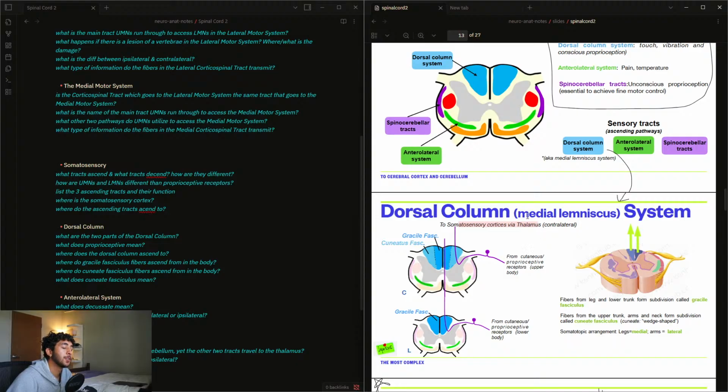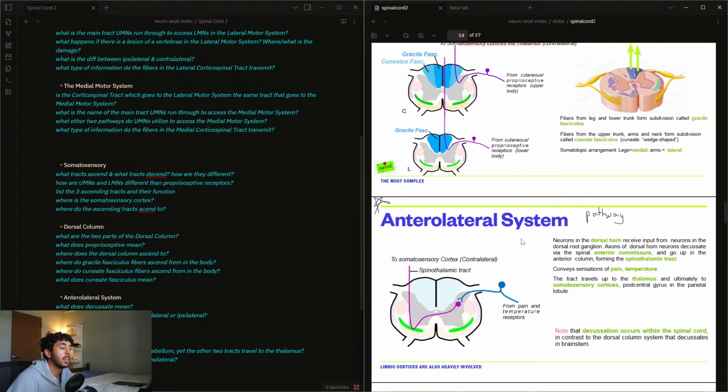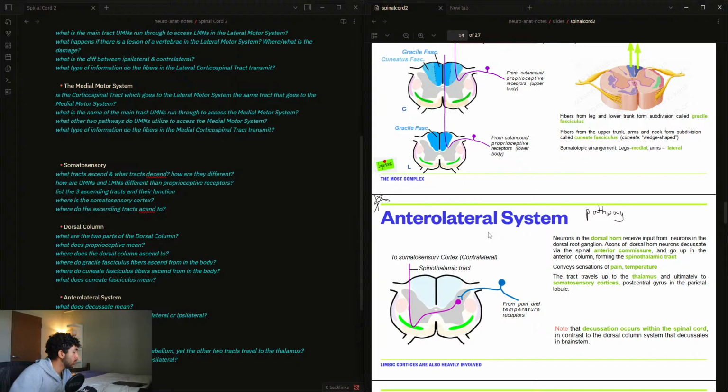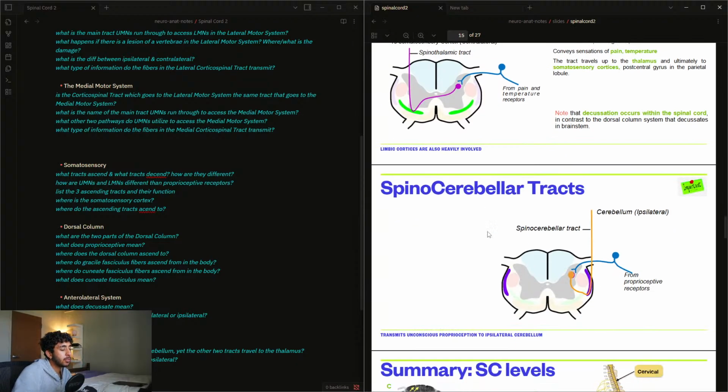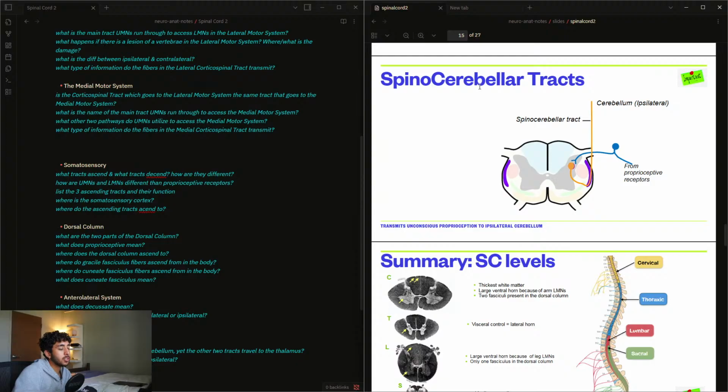So both of those go to the somatosensory cortex. And then there's the spinocerebellar system, which uses the spinocerebellar tract, and that goes to the cerebellum, obviously.